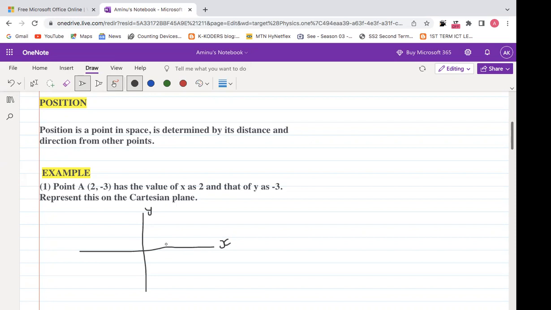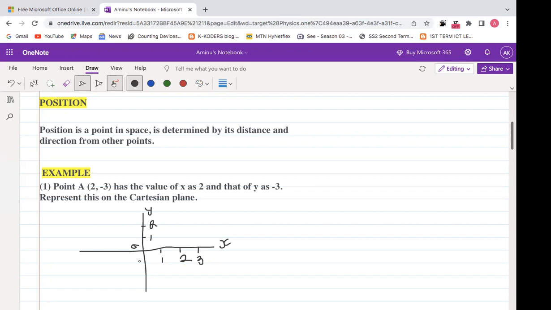Then this is the origin, where the lines meet. Then we can have our coordinates plotted. We can number this now: 1, 2, 3 along the axes.